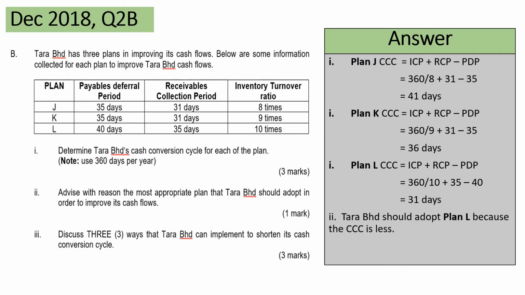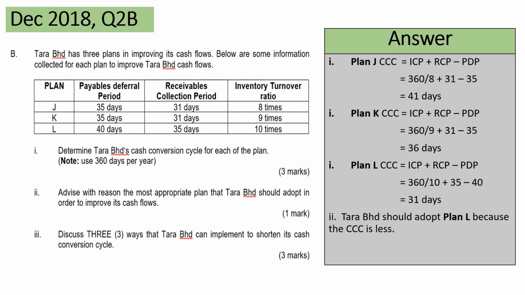Okay, let's see one of the questions in the previous exam. Tara Berhad has 3 plans in improving its cash flows. Below are some informations collected for each plan to improve Tara Berhad cash flow. If you look at this table, there are 3 plans, that is J, K, and L, with the PDP, the receivables, and the inventory turnover ratio.